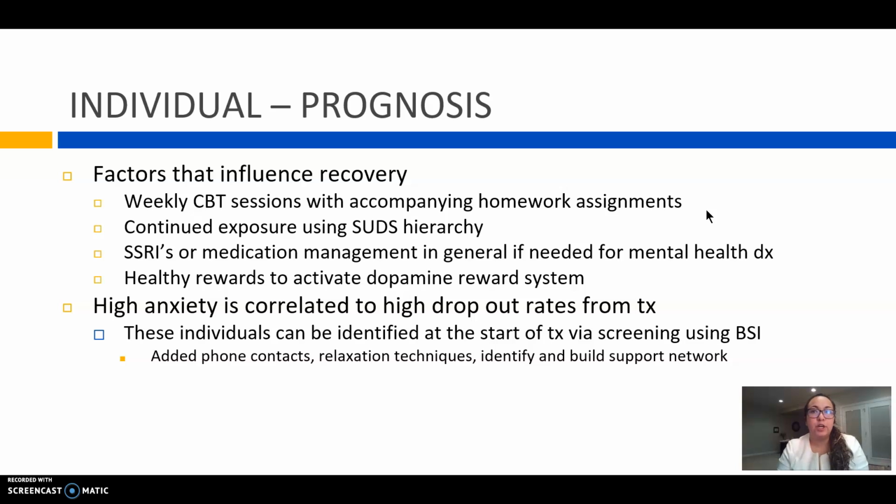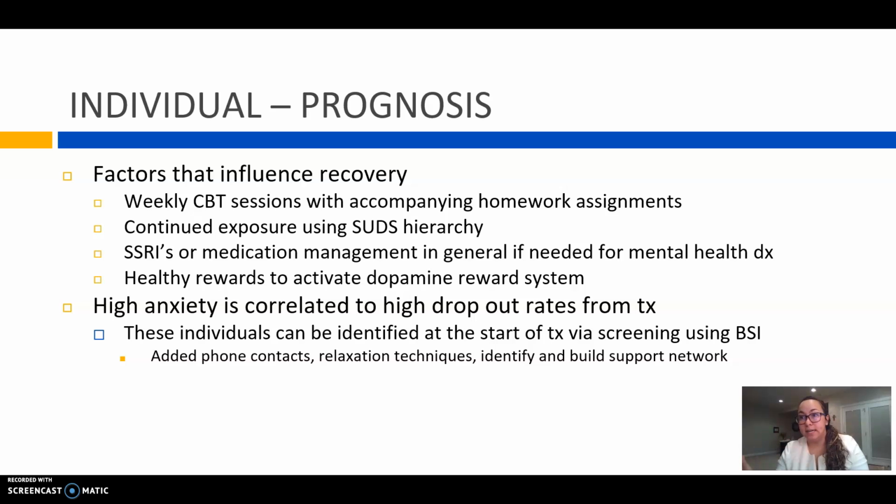Prognosis. So these are the factors that are going to influence recovery: continuing weekly CBT sessions, continuing exposure using the SUDS hierarchy, and making sure that they identify alternative healthy rewards so they can activate the dopamine reward system.